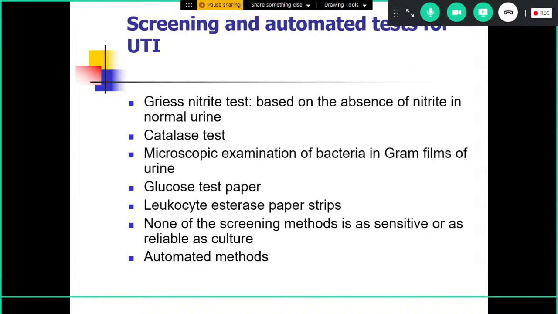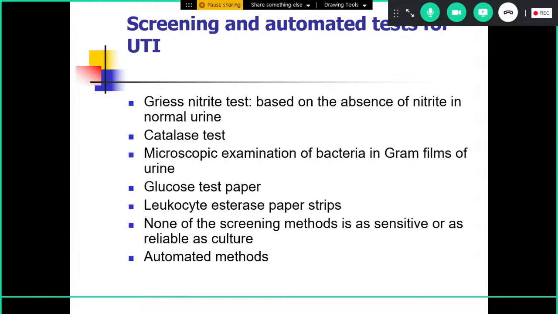Then there are certain screening and automated tests for UTI, but they are just presumptive tests. They do not give you a clear-cut idea. I have just included them for the purpose of completion. Your books give the Griess nitrite test, based on the absence of nitrite in normal urine.